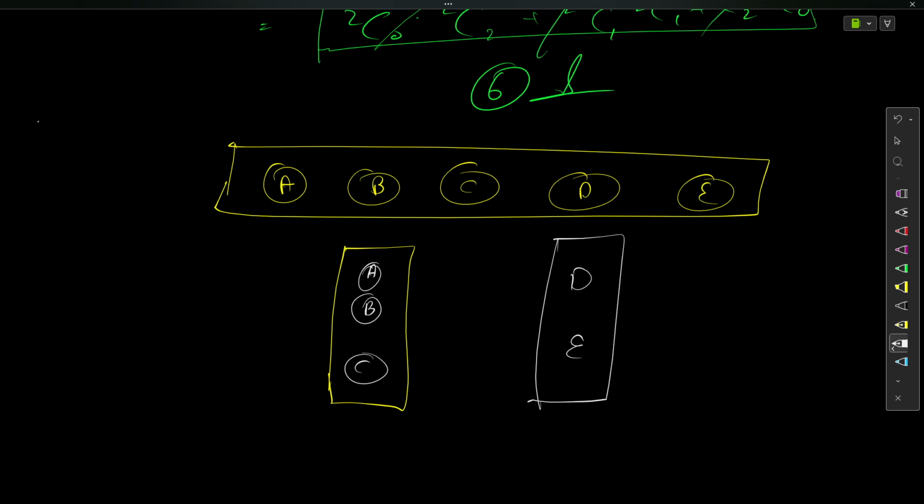So let's first directly apply the combinatorics. Let's say that I'm looking for the number of combinations possible to choose 3 out of 5 this time.